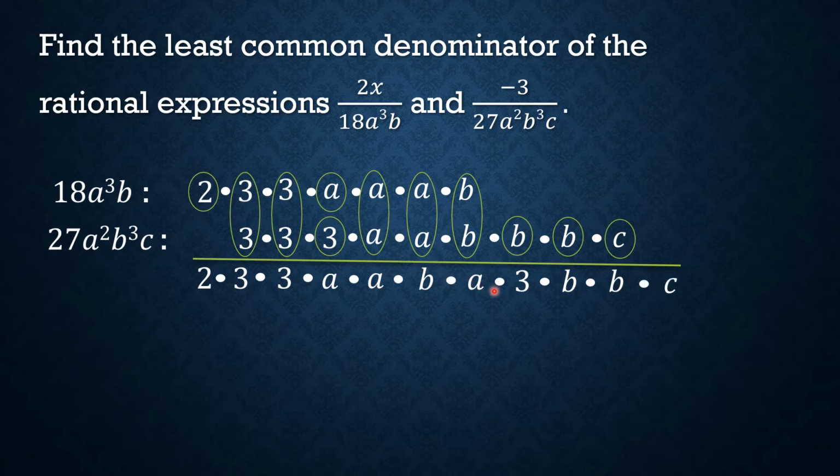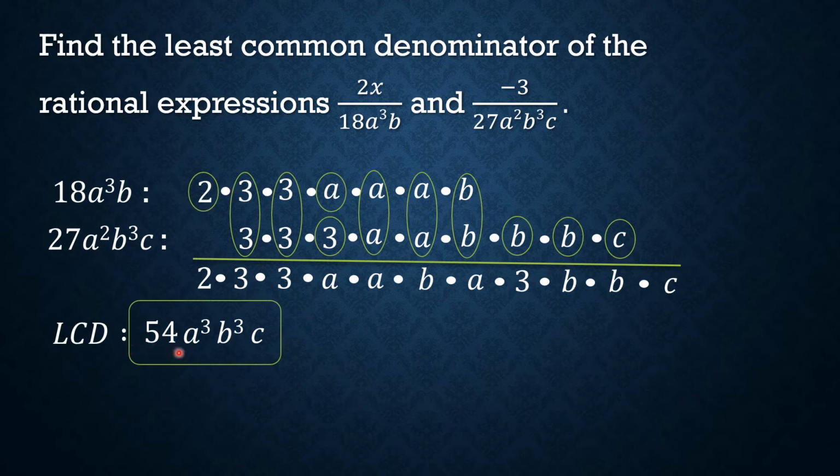Now that we have included all the remaining factors, let's multiply this together and this will serve as our LCD for these two rational expressions. So the product of this is actually 54a cubed b cubed c. And this is now our LCD for these two rational expressions.